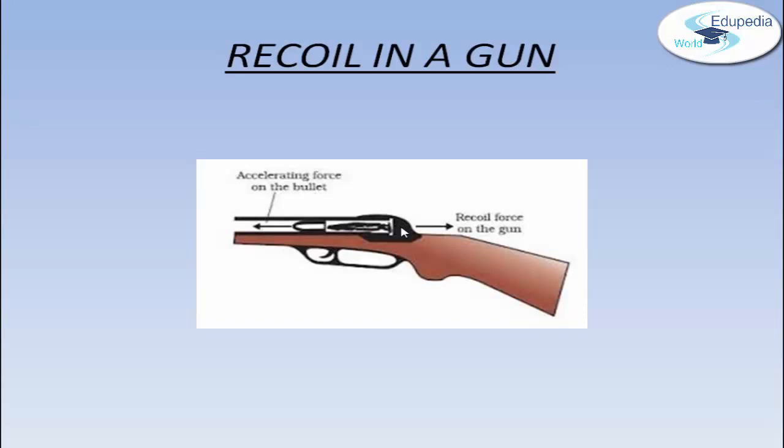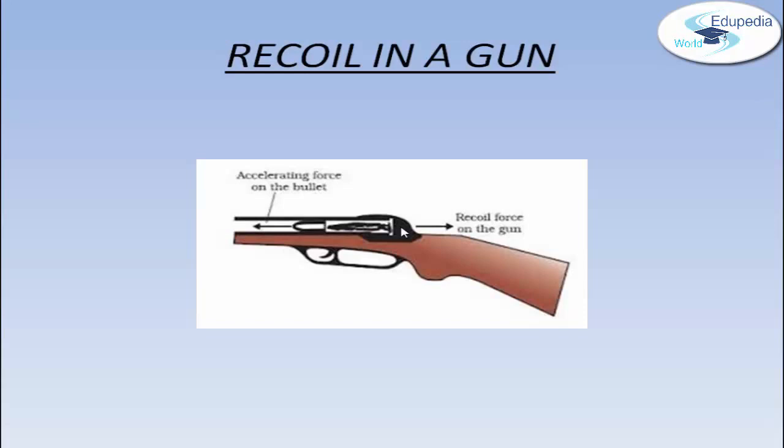That means, because its momentum is more. So that's why you will see only a small jerk in the backward direction when a bullet is fired, and not that the gun is going in the backward direction. The gun doesn't go in the backward direction because it is heavy. It has a greater mass as compared to a bullet. This is what is known as a recoil in a gun.